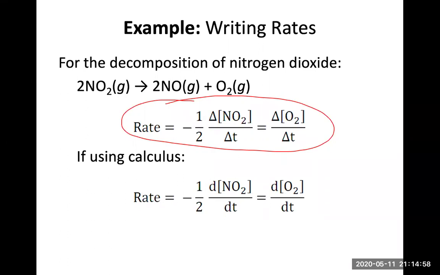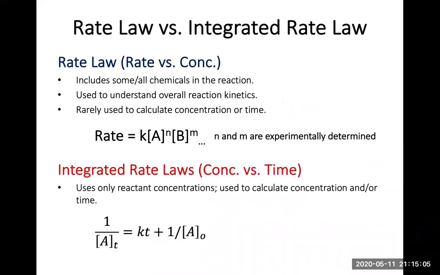What we're going to be doing next is looking at what we call a rate law. The law defines the relationship between the concentration of one or more reactants, a constant, and the rate. So we can now predict how fast the chemical reaction is going to be going if we know the concentration at a given time.